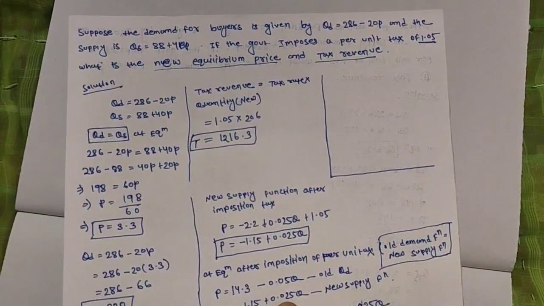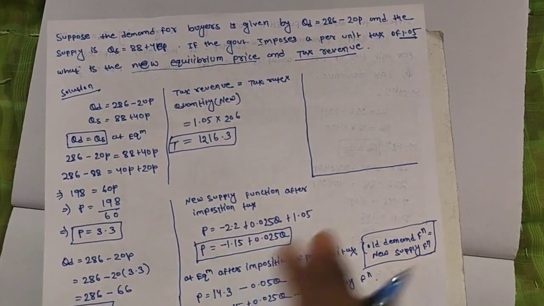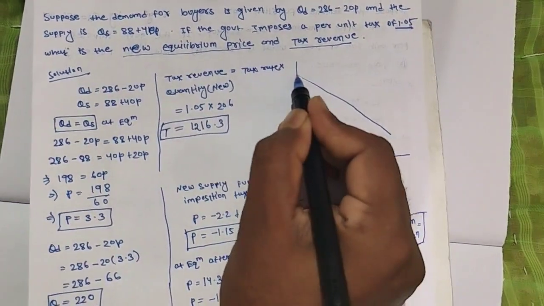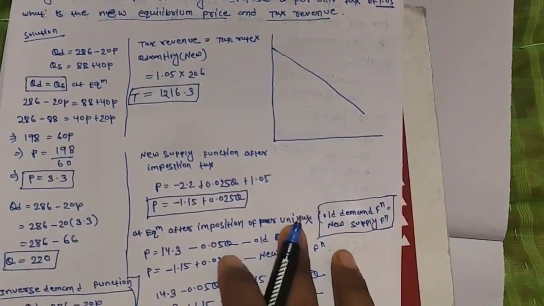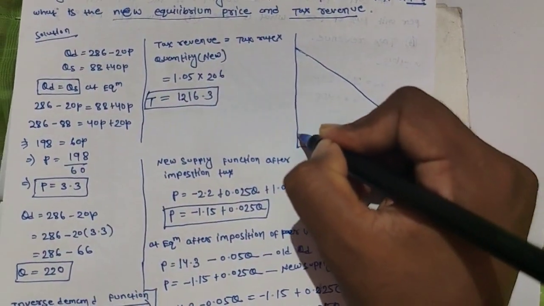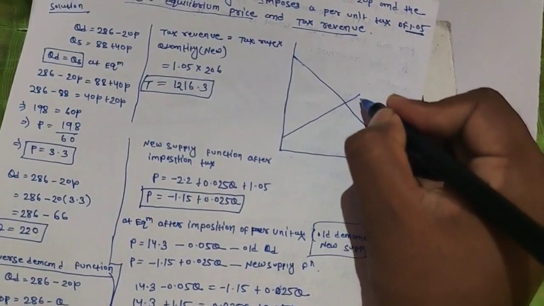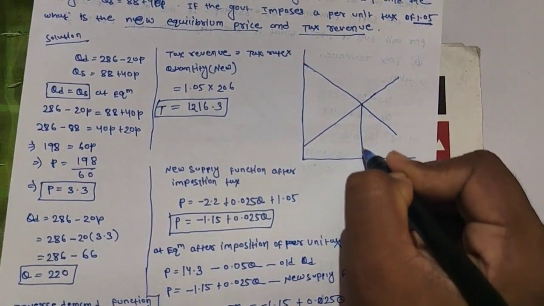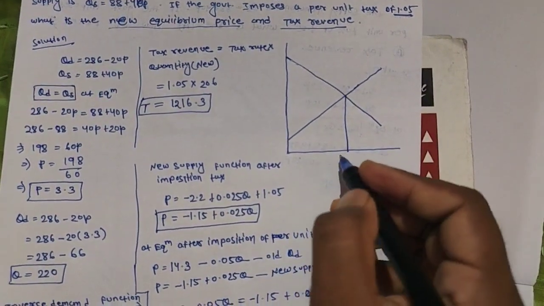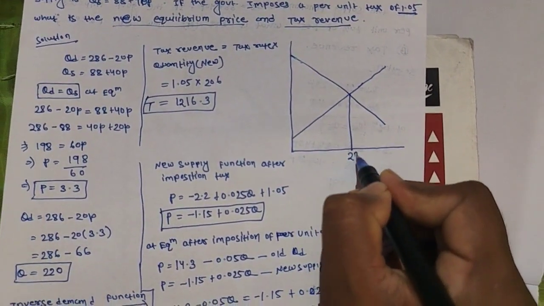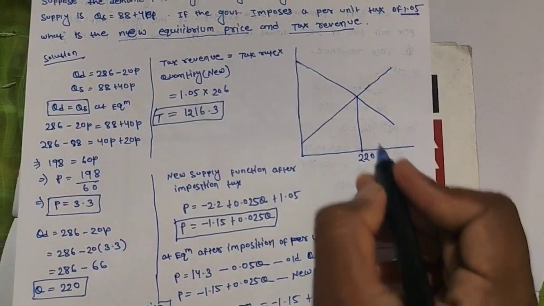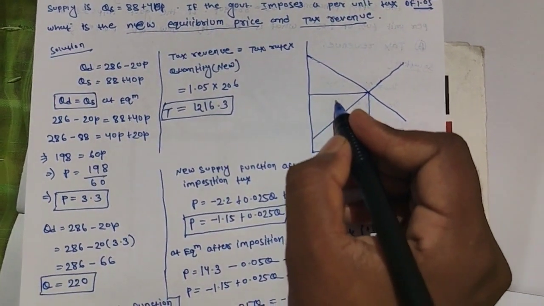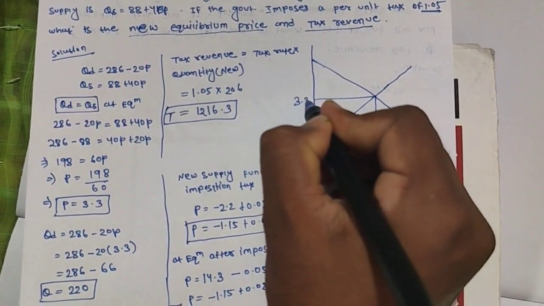Now we have to draw the diagram in order to understand this. Suppose this is the demand function and the original supply function is this, and here the equilibrium occurs. This is the quantity, here the old equilibrium quantity 220, and here the old equilibrium price, that is 3.3.